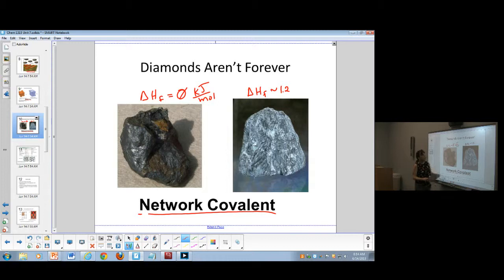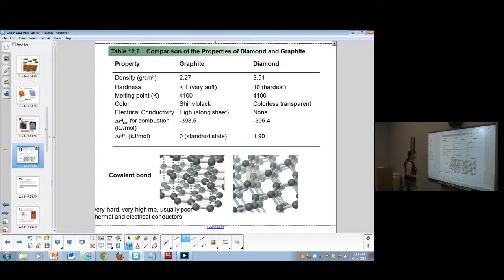So, even though the diamond is very hard and it lasts for a really long time, in the end it is actually going to go towards forming that quartz. But never mind. Anyway, the network covalent is set up a little bit differently.